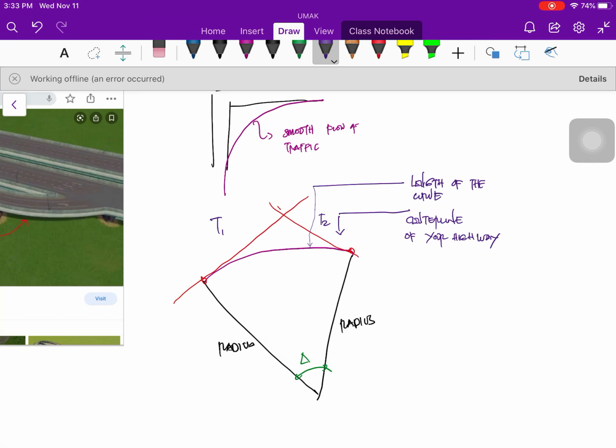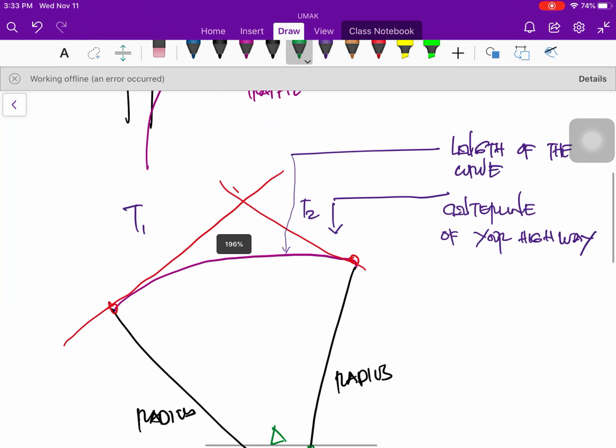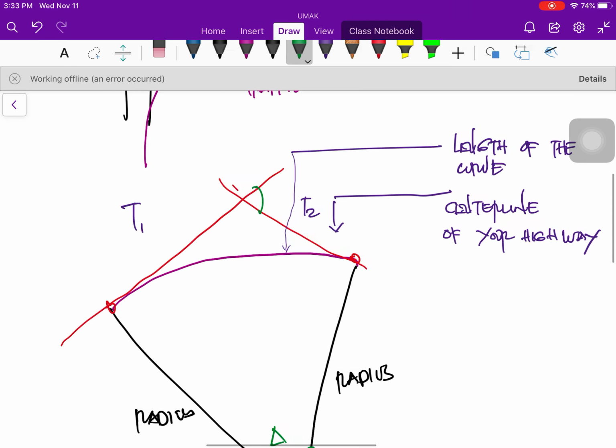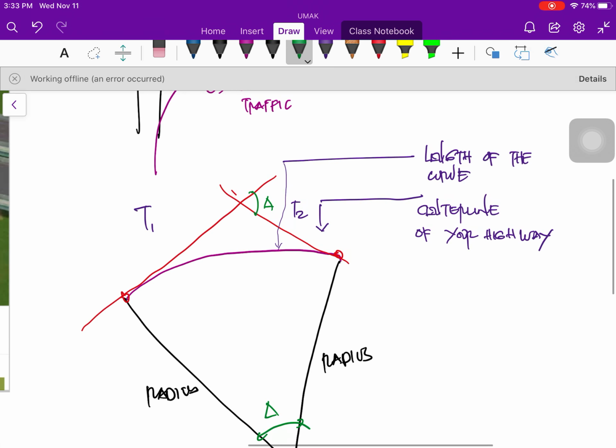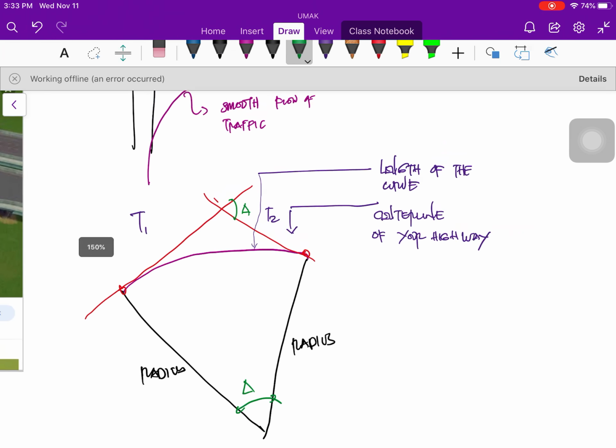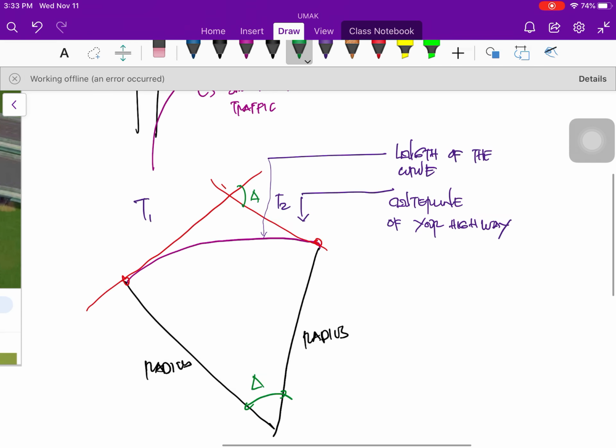So this is tangent 1 and this is tangent 2, and this one is the intersection. This is delta, this is also delta. One more thing, this is the length of the curve.